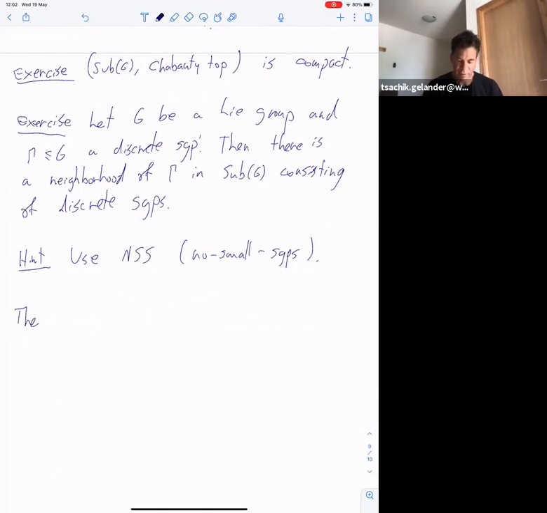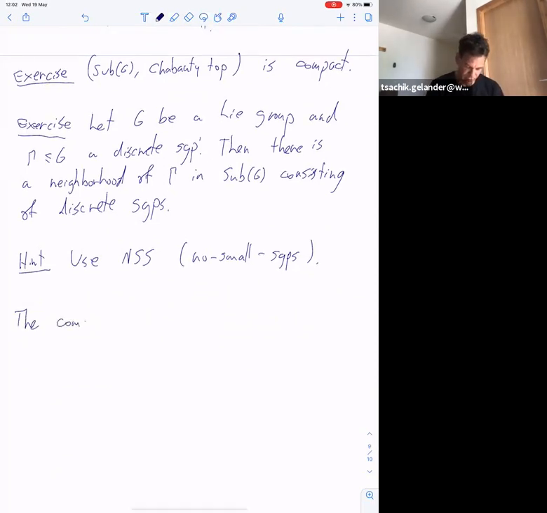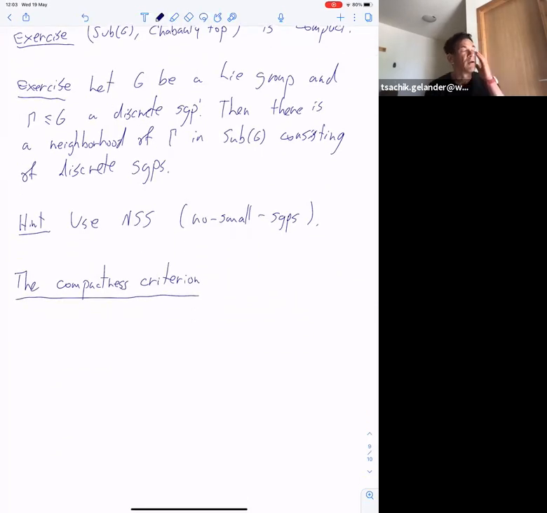Oh, again, another exercise. Okay, the compactness criterion. Actually I can formulate it in three conditions.